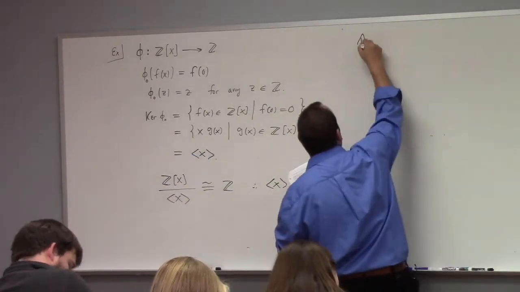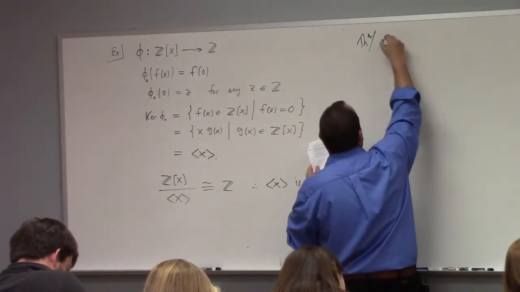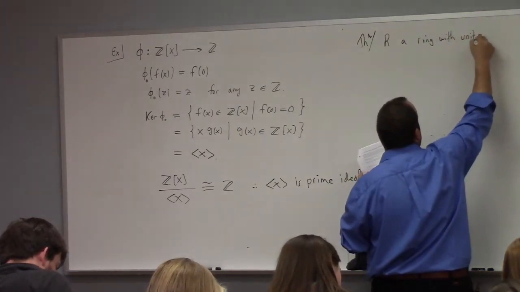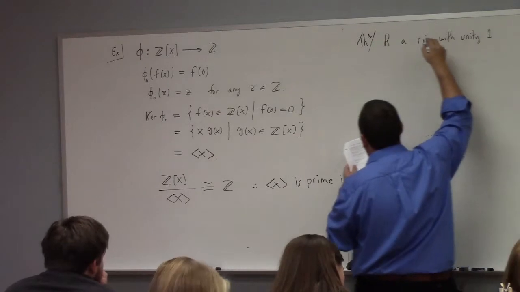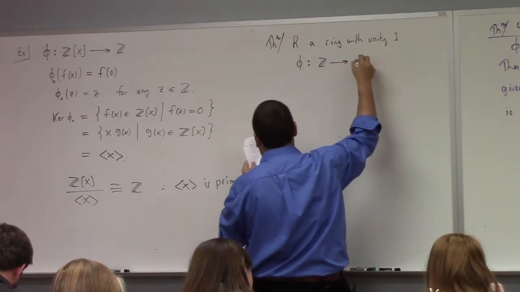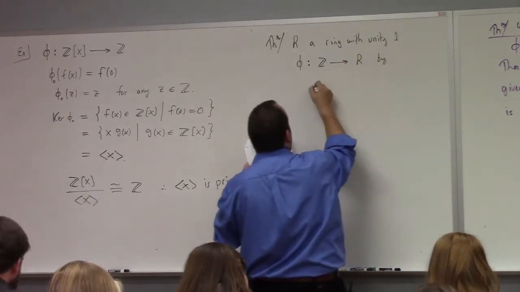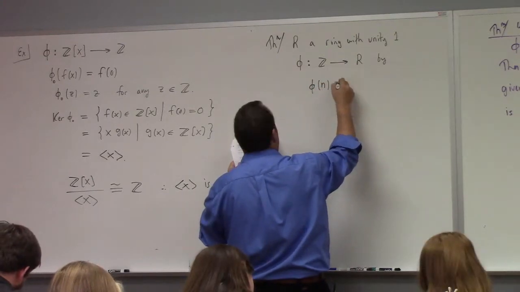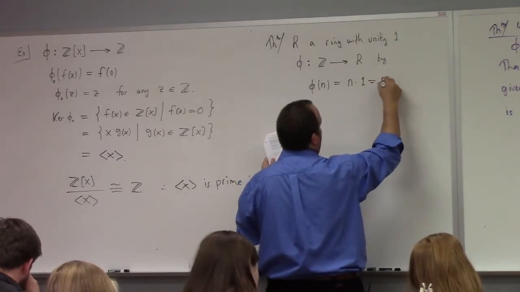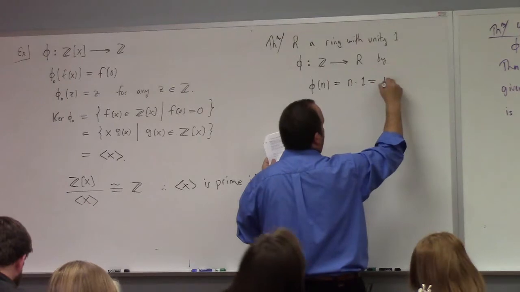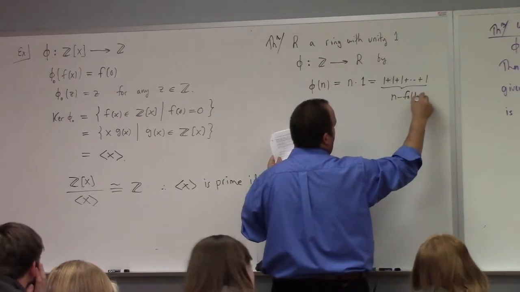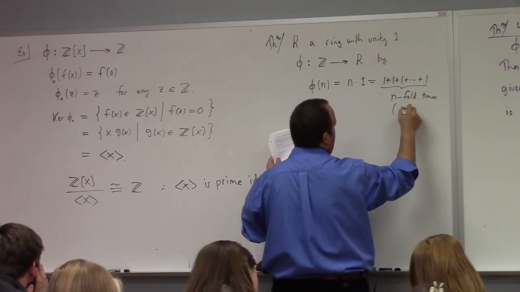Theorem. R a ring with unity 1, then phi mapping from the integers to the ring by phi of n is equal to n times 1, which of course means 1 plus 1 plus 1 plus and so on, n-fold, for n greater than or equal to 1.